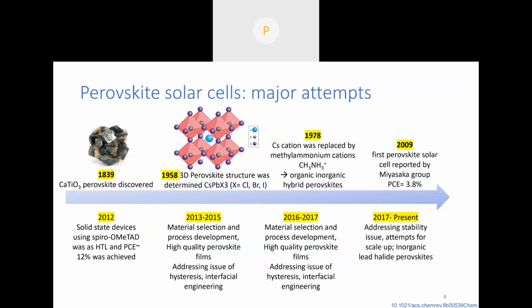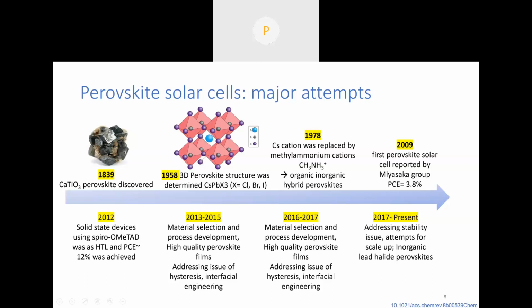You can see the diagram in the 1958 one, where B and X together make this halide structure, and the A is generally the cation in between. Then in 1978, this was replaced with MA+, the methyl ammonium cation, and that was the first one used for perovskite solar cell application. It was discovered in 1978 and first came into the picture in 2009, so it took a lot of time to reach solar cell application.